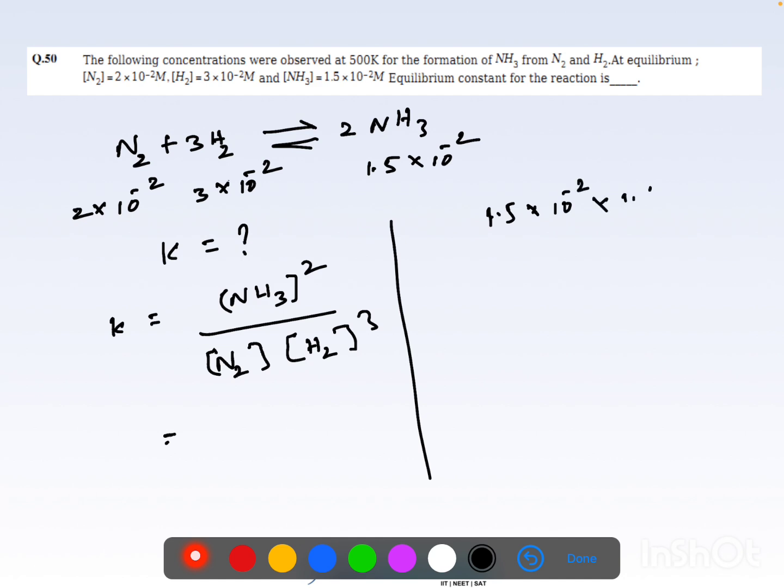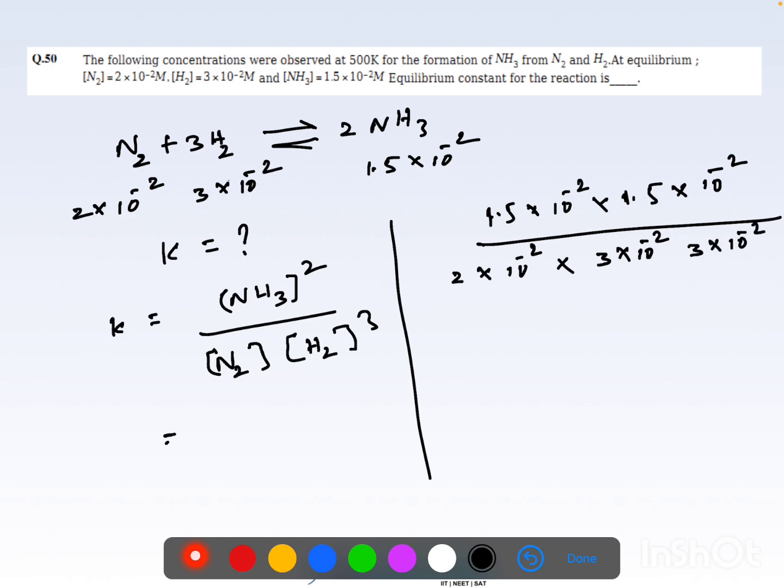Just substituting these values, NH3 concentration will be 1.5 into 10 to the power minus 2, into 1.5 into 10 to the power minus 2, divided by the concentration of N2, 2 into 10 to the power minus 2, into the concentration of H2, which is 3 into 10 to the power minus 2. This is 3 times. Now these things get cancelled. 1.5 will cancel for 2, and this is also cancelled for 2.